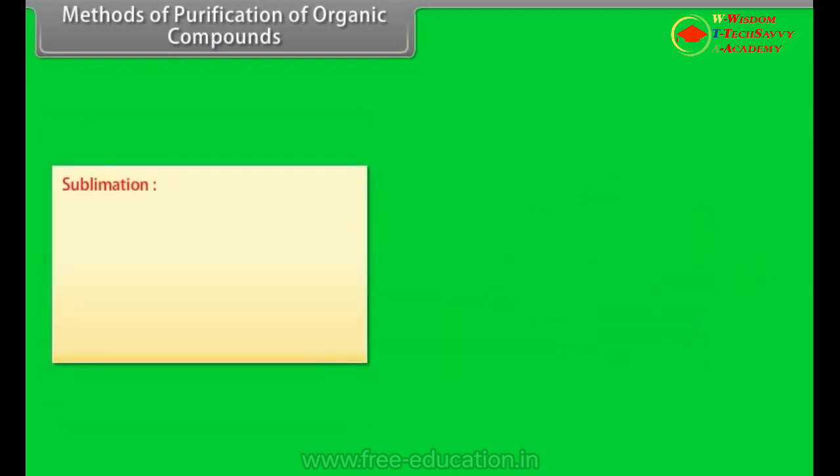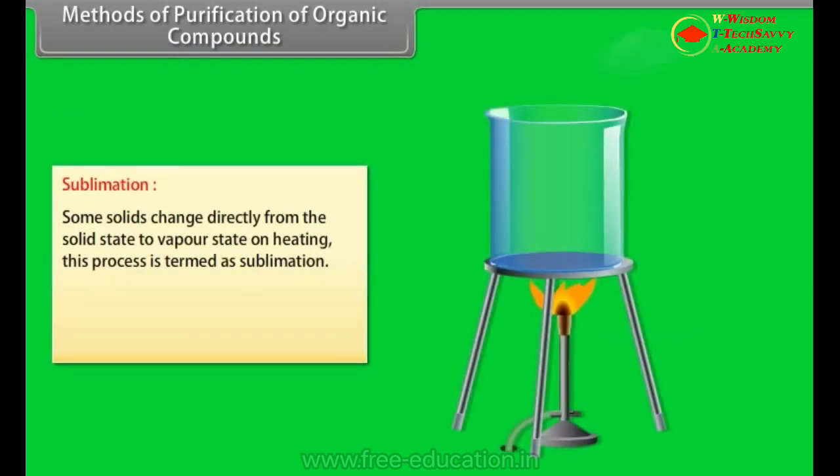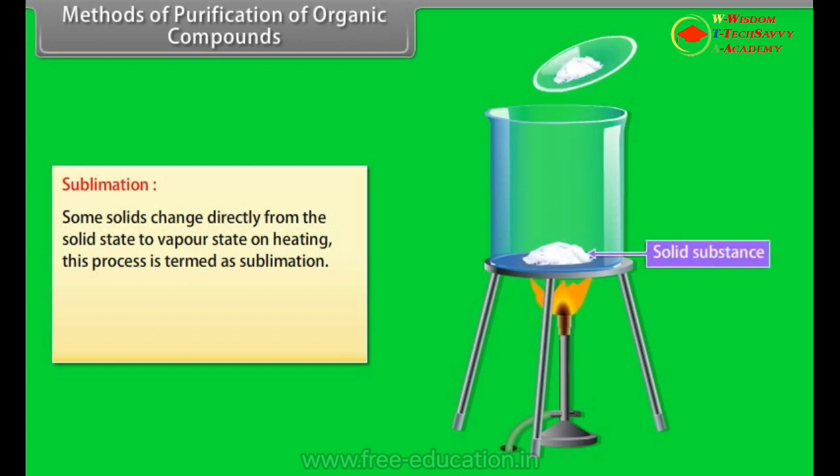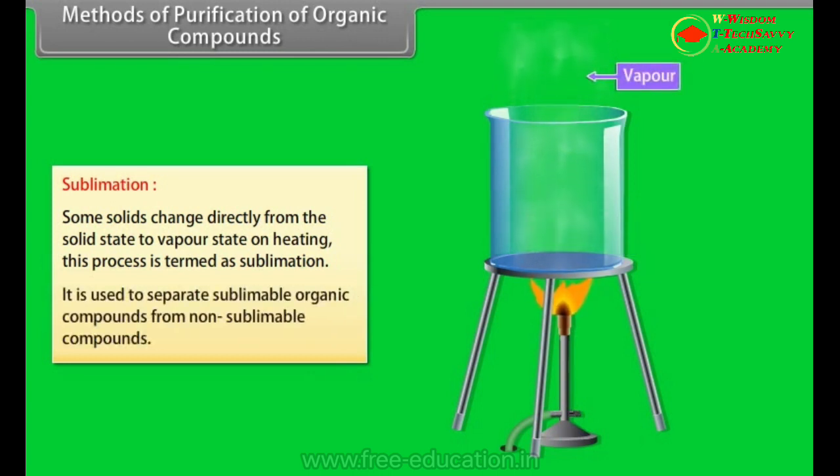Sublimation. Some solids change directly from the solid state to vapor state on heating. This process is termed sublimation. It is used to separate sublimable organic compounds from non-sublimable compounds.